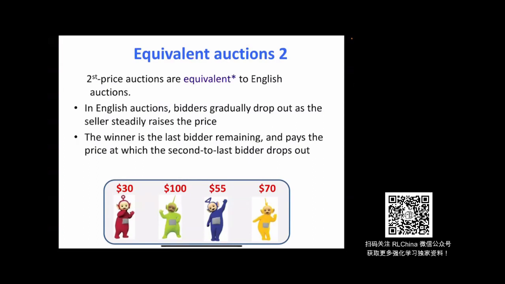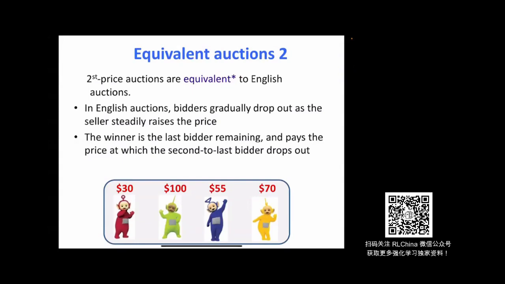In the English auction, bidders gradually drop out as the seller steadily raises the price, right? And you don't really need to pay the price that you have in your mind. The winner is the last bidder remaining, and you don't need to pay the actual price you had in mind, but rather the price at which the second to last bidder dropped out, isn't it?